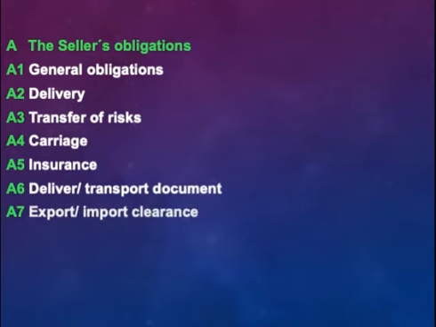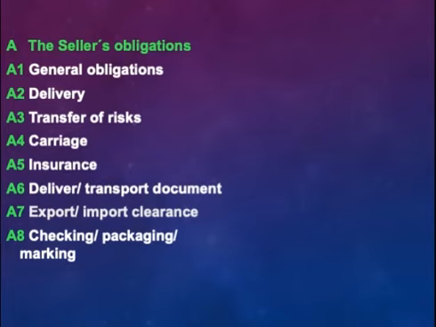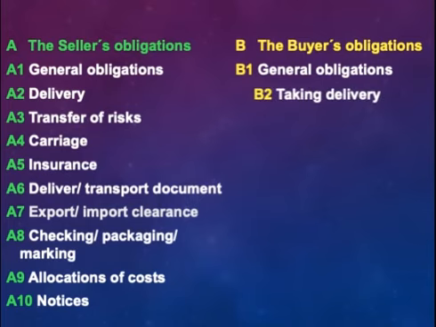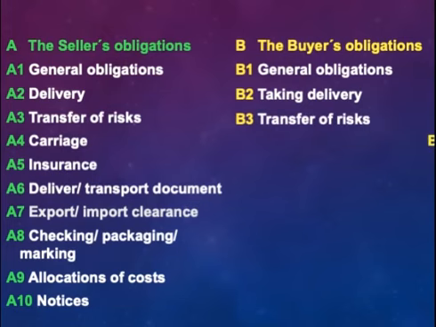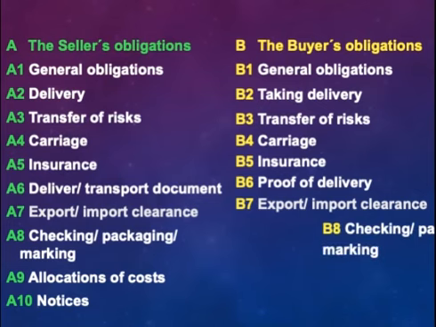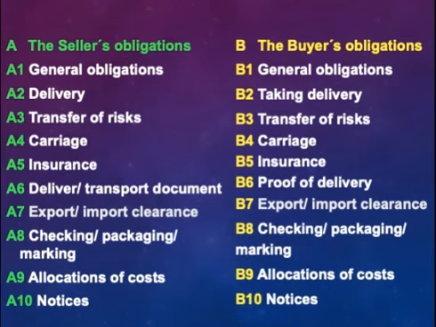A7 for the export-import clearance. A8 for checking, packing, marking. A9 for the allocation of cost. And then the second column is for the buyer's obligations, including the general ones, corresponding to the first column. Similar, you see. These are the obligations of the buyer.